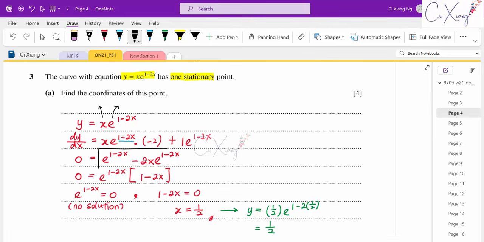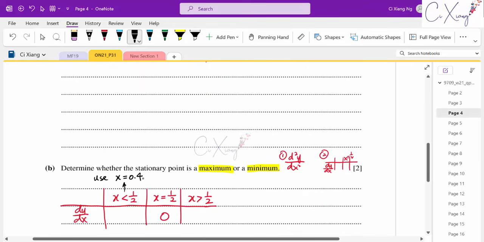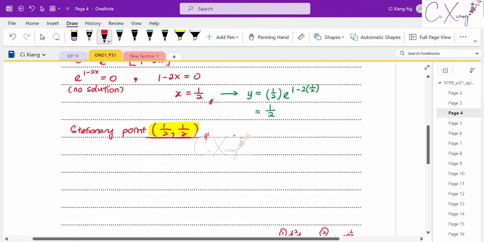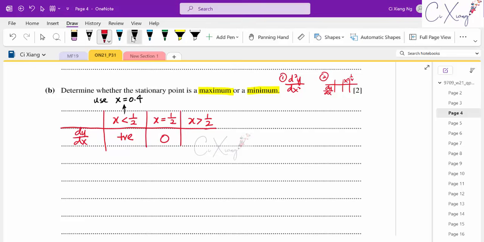This is your dy/dx equation after the differentiation. Substitute x equals to 0.4 inside this equation and observe the value that you get. We are interested in the sign. Is it a positive value or negative value? If it is a positive value, then you just put a positive here. So we only want to focus on the sign, all right?